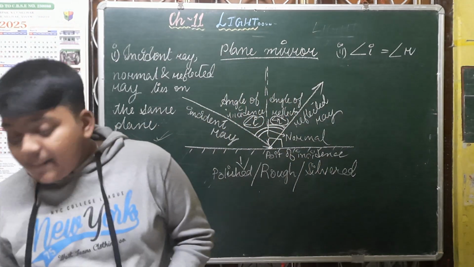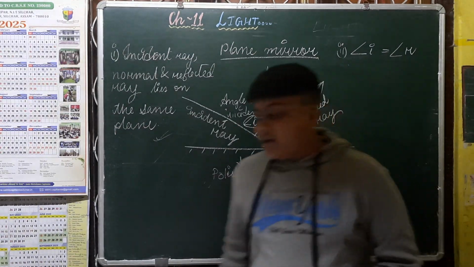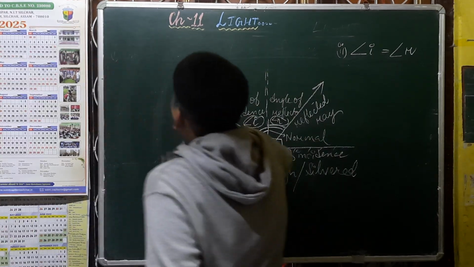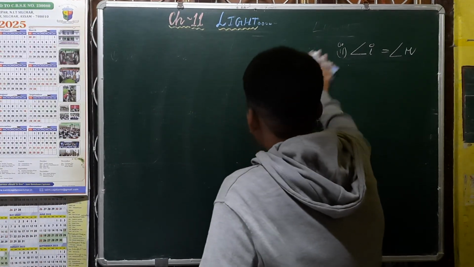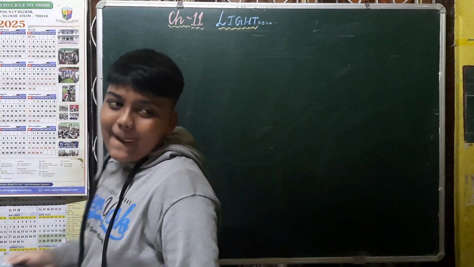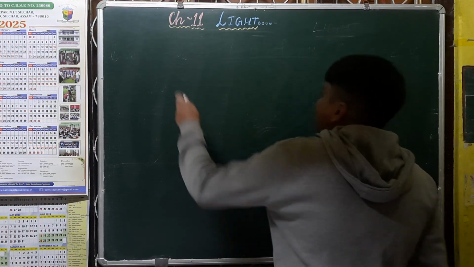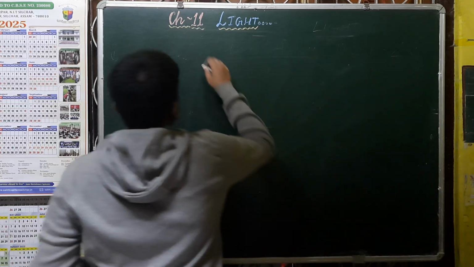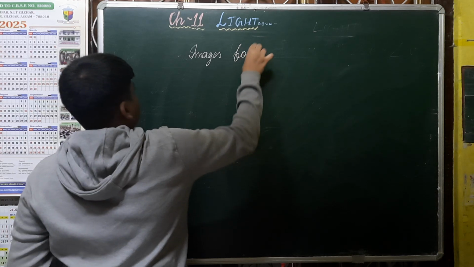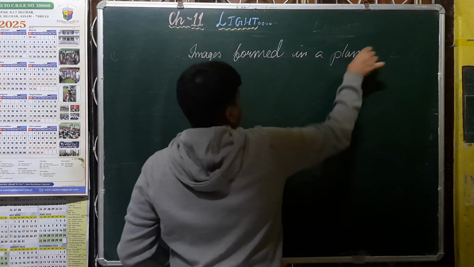Now, in a plane mirror, there are very different types of images formed. Let us study the images formed in a plane mirror.